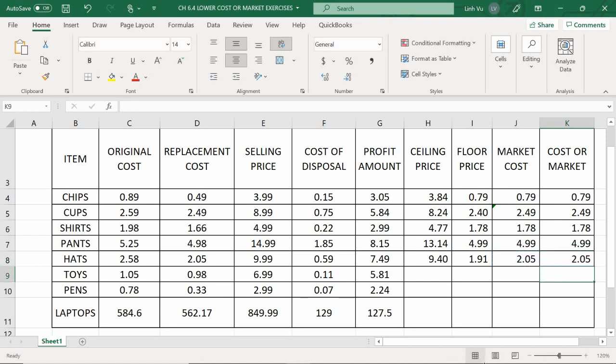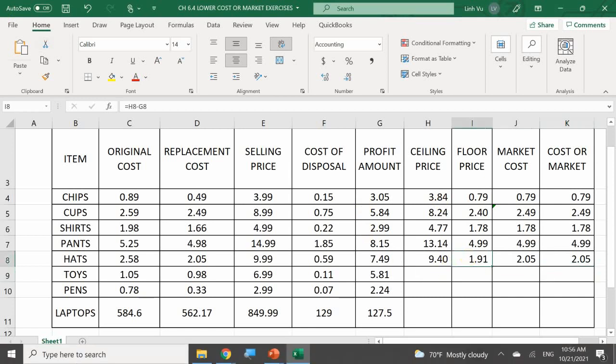I have a quick comment. For floor price, isn't that selling price minus profit amount? So isn't it 9.40 minus 7.49? Where did 1.91 come from? Ceiling 9.40 minus amount of profit 7.49. I was doing it in my head, so I was doing 7.49 minus 9.40 and got 9 cents.